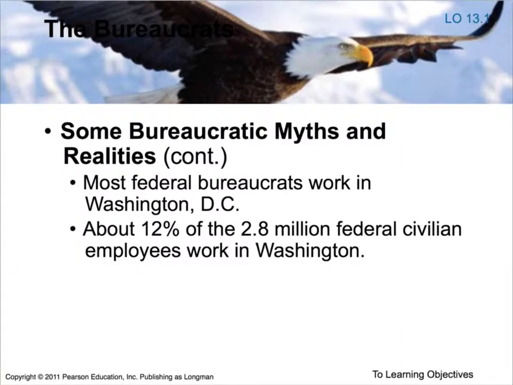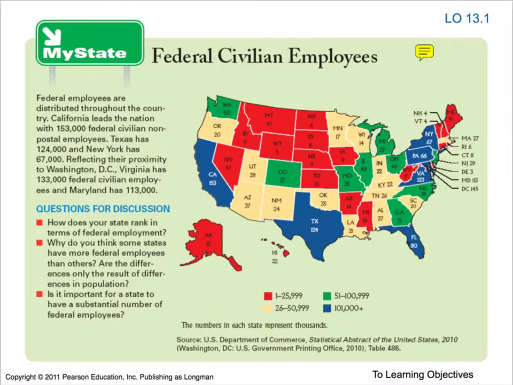Most federal bureaucrats work in Washington, D.C. That's not true. 12% of the 2.8 million federal civilian employees work in Washington. The rest are scattered all over the country and all over the world. All right, so Texas, for instance, has 124,000 federal workers.